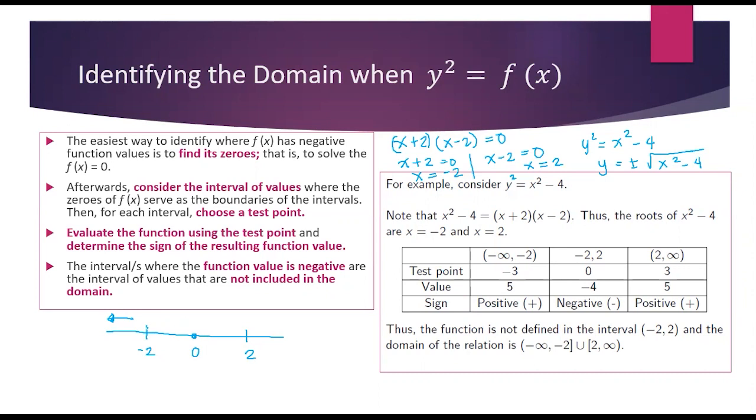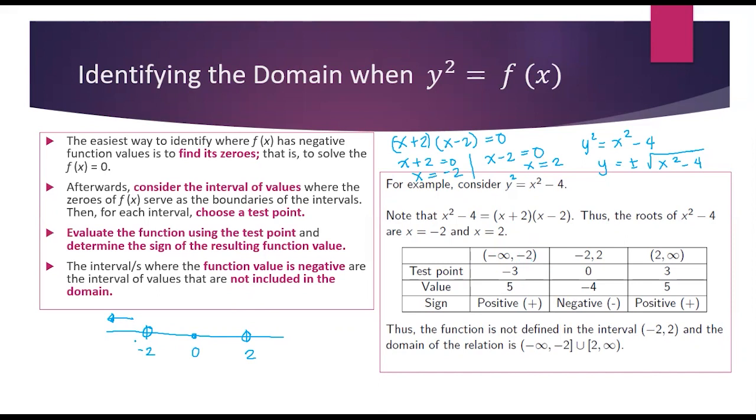We're going to exclude negative 2 and 2 because once you plug in x is equal to 2 and x is equal to negative 2, the whole thing becomes 0, but you need a negative value in order to exclude it from our domain. So we have the first interval, negative infinity to negative 2.